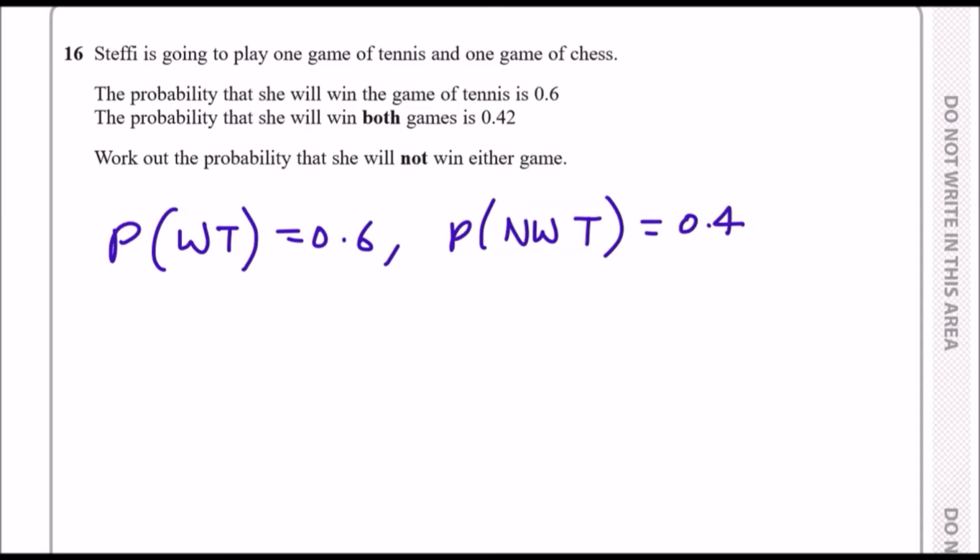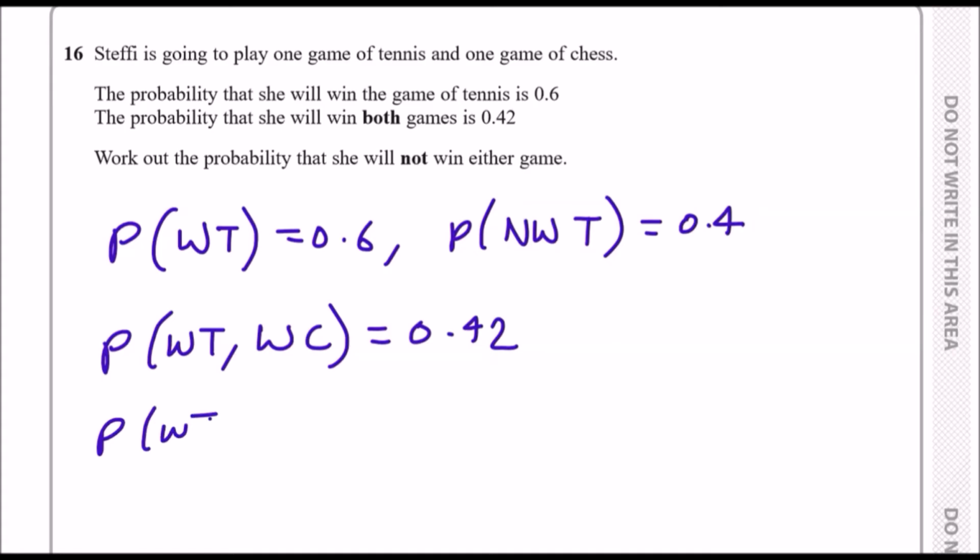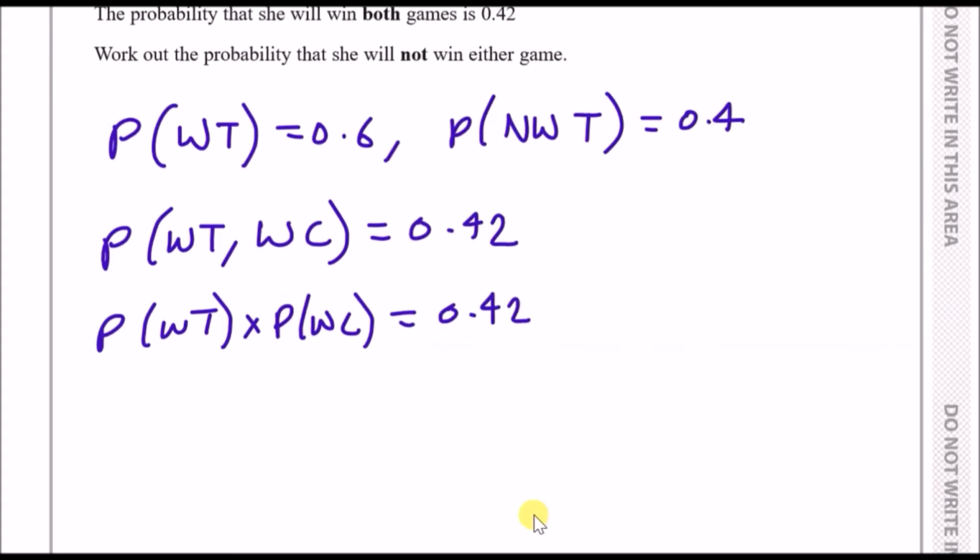Now the next one tells us the probability that she will win both games is 0.42. So what this means is that the probability that she will win tennis and also win at chess is 0.42. We can separate this probability: she wins tennis in the first round, then she wins chess. Winning tennis is 0.6, times winning at chess, is 0.42.